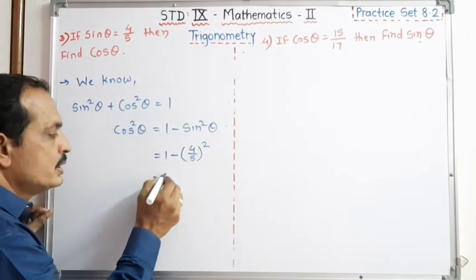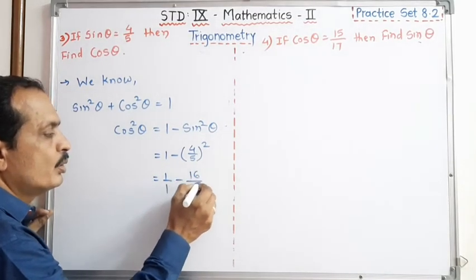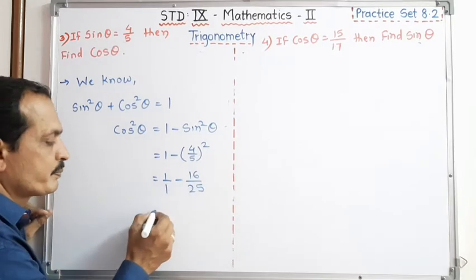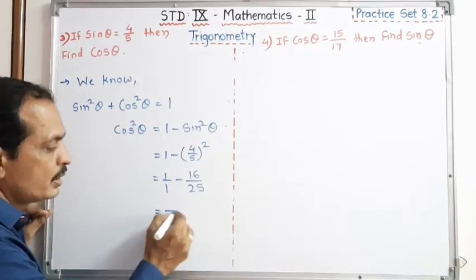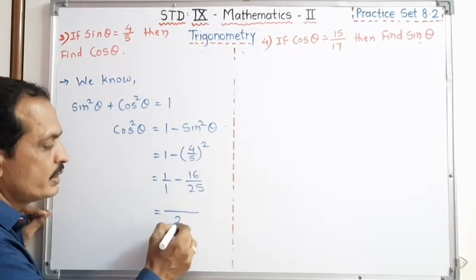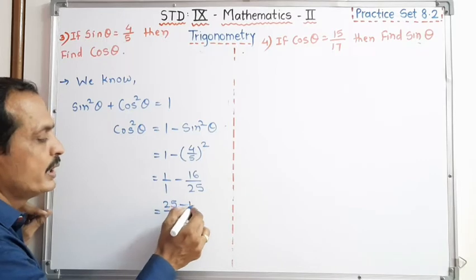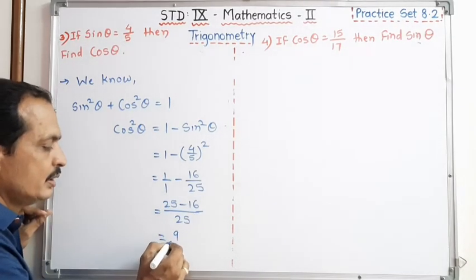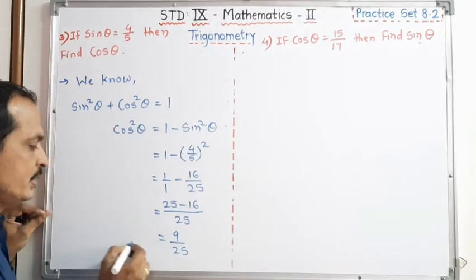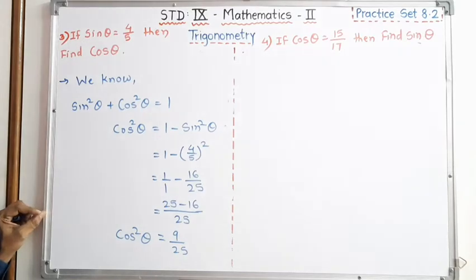Now dear student, it is 1 minus 16 upon 25. Square of 4 is 16, square of 5 is 25. Now 25 ones are 25 and 25 minus 16. It is 9 upon 25. This is the value of cos square theta, 9 upon 25.